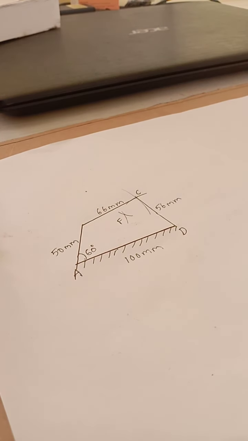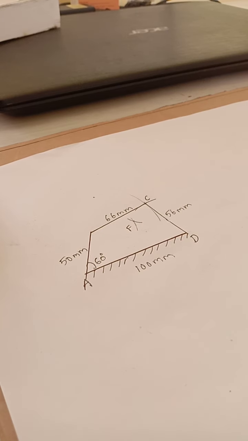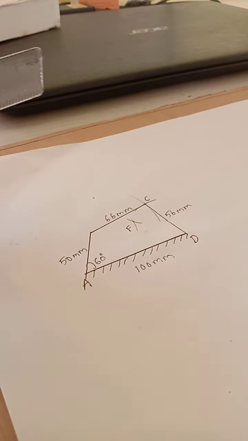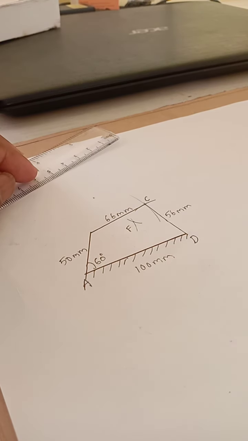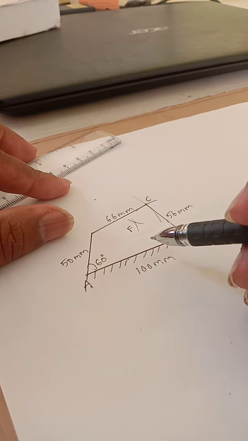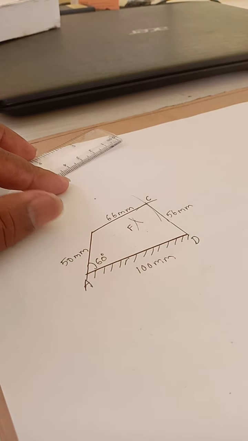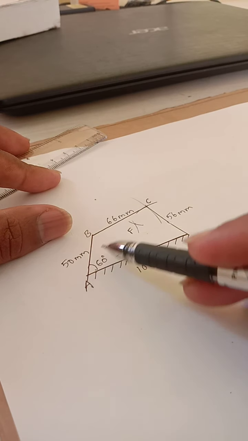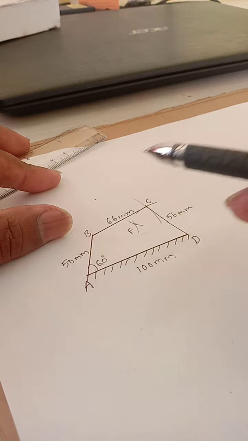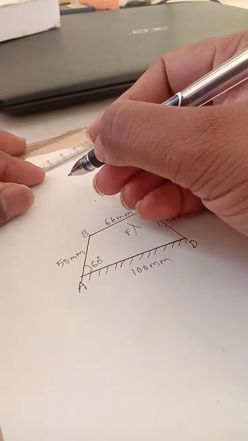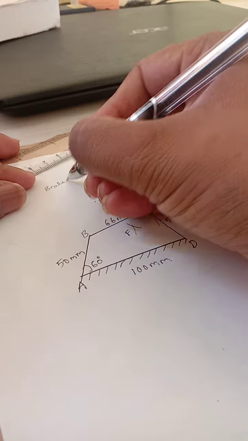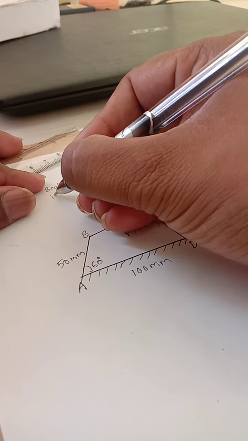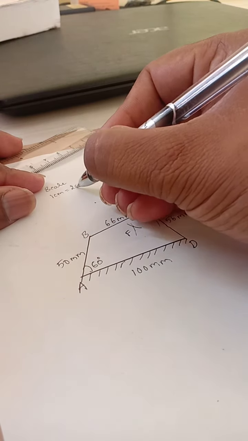Okay, so we were discussing how to draw the velocity diagram for the given problem. This is my configuration diagram, and this is B. I have taken all the lengths, and I have taken the scale as 1 centimeter equal to 20 mm.